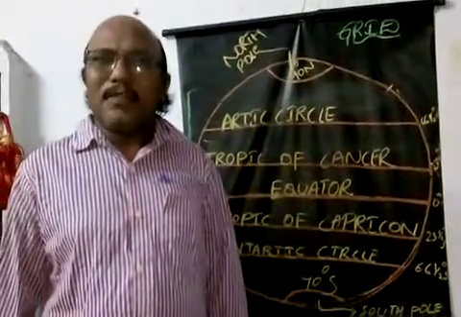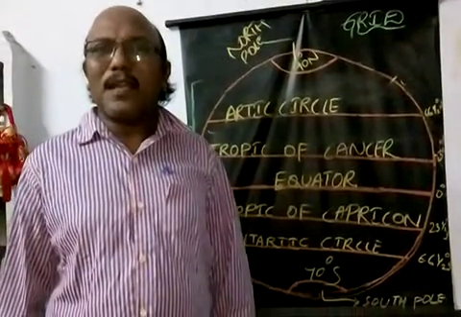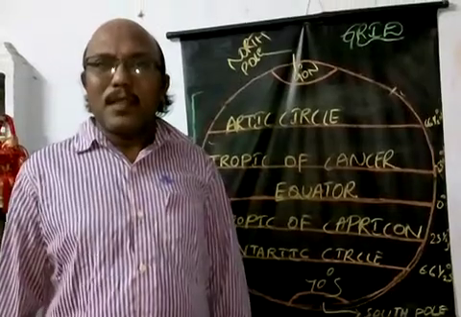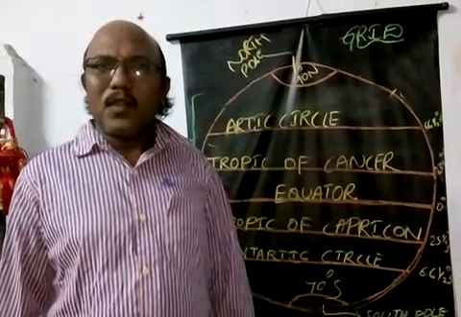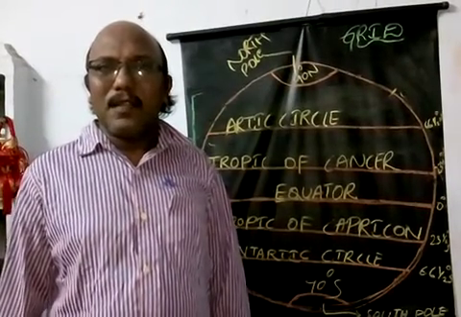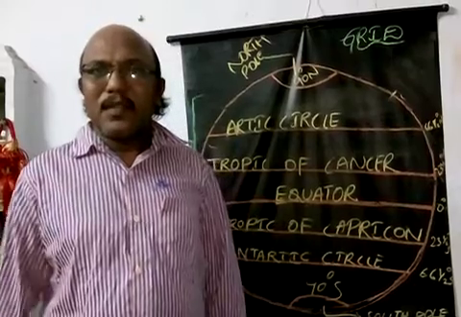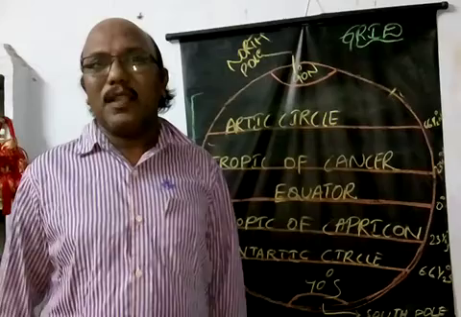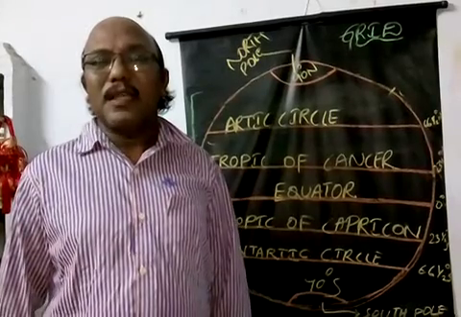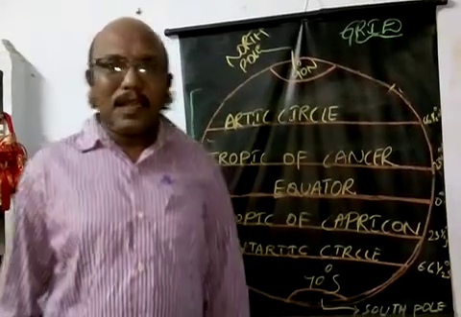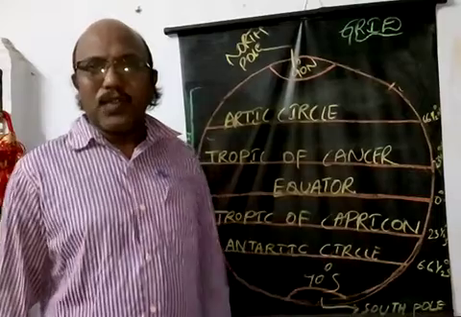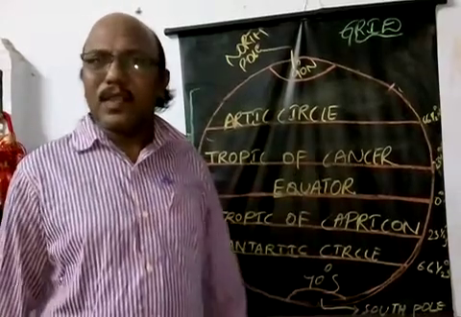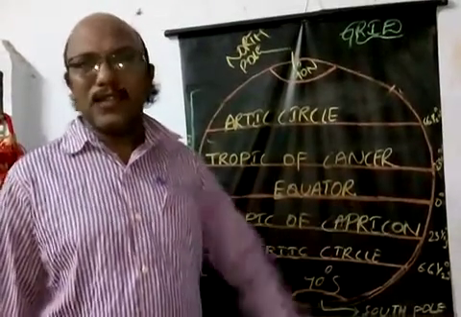The central one is called the equator, and all the parallel circles from the north pole to the south pole are latitudes. Latitude is derived from a Greek word, and latitude means width. There are 180 latitudes. Among all the latitudes, the equator is the biggest.